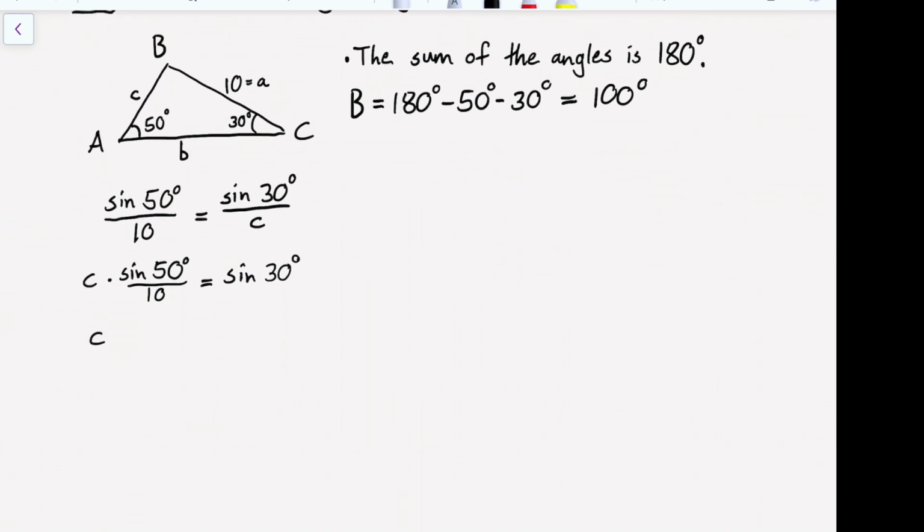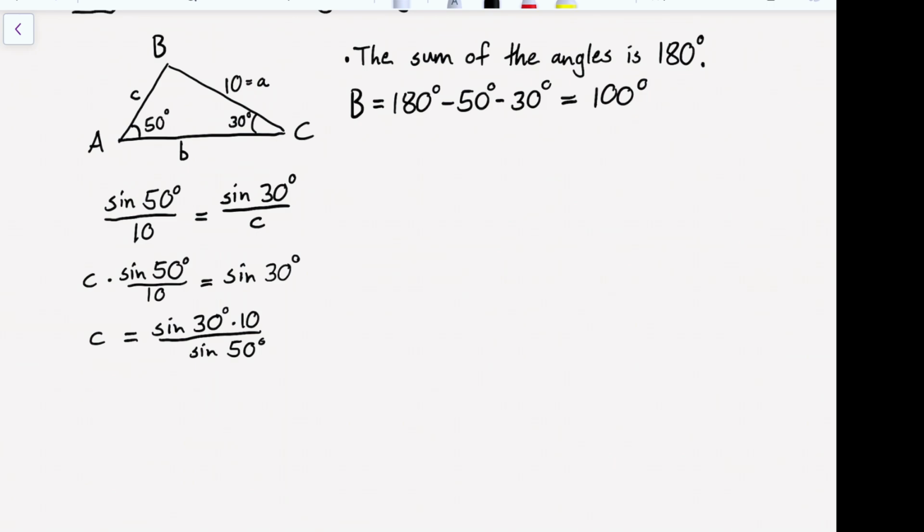I can also keep manipulating this, maybe by multiplying by the reciprocal of sine 50 over 10. I can end up with the relationship, sine of 30 times 10 over sine of 50 is equal to little c.